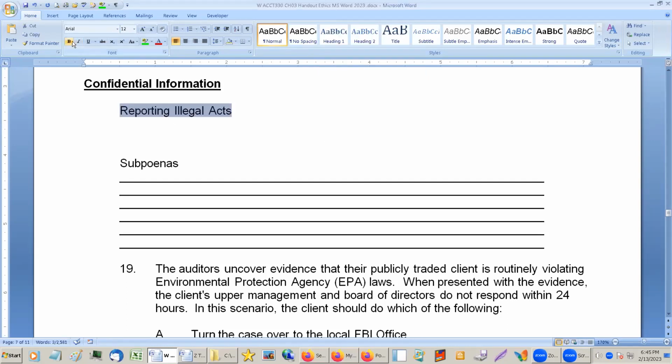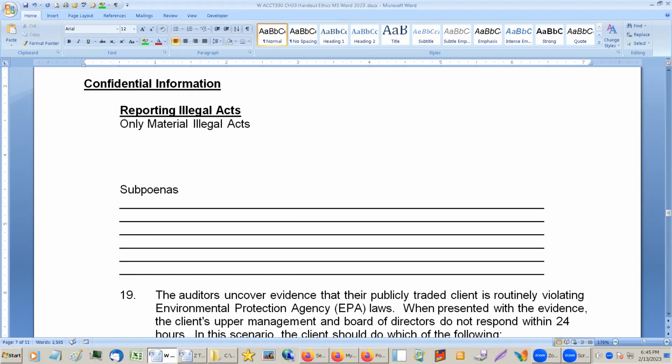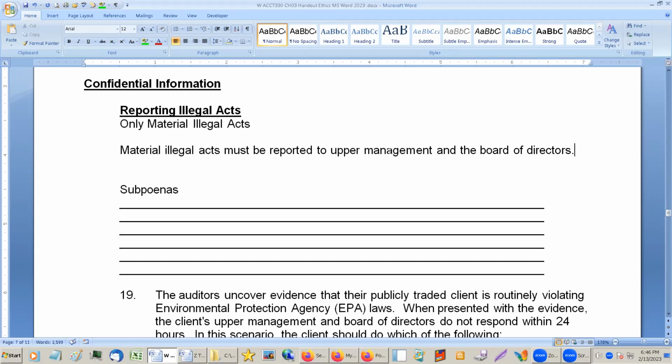Reporting illegal acts. First of all, we only look at things that are material. Materially illegal acts must be reported to upper management and the board of directors.